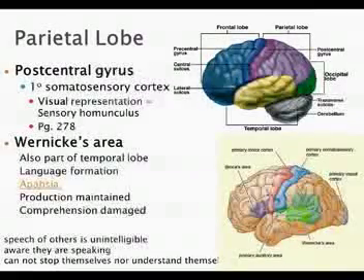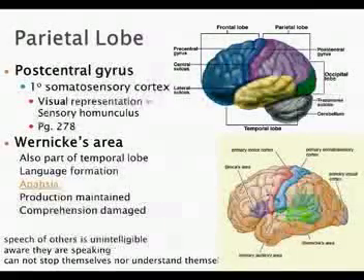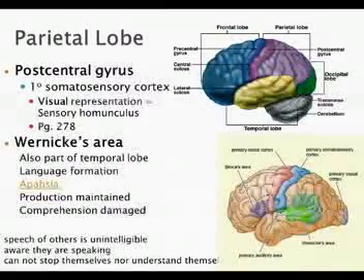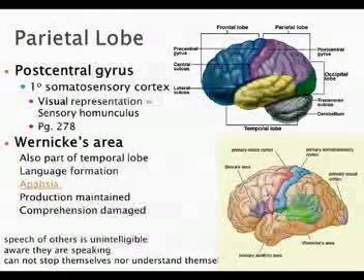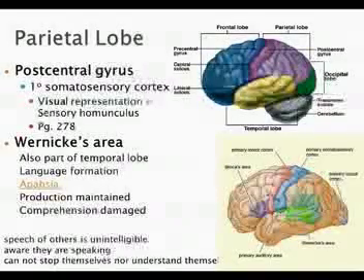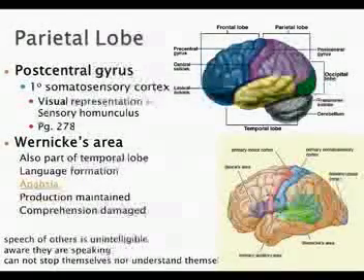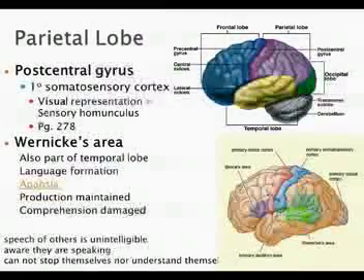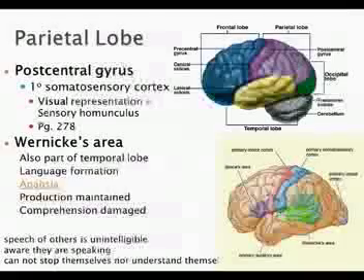And if you look at the visual representation, that homunculus that we showed with the motor, that little man, there's one not only for the motor skill, which is associated with the precentral gyrus, there's one also with the postcentral gyrus. And I think this is shown on page 278 in your lab manuals.